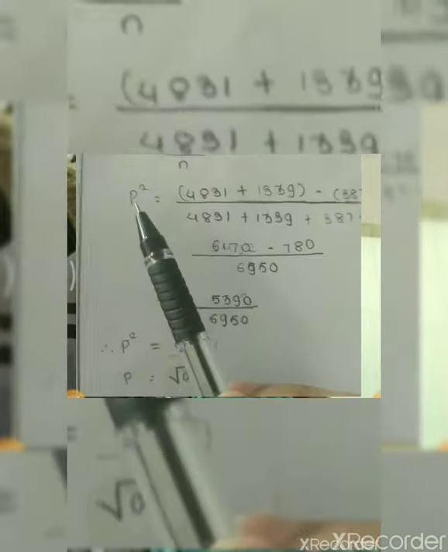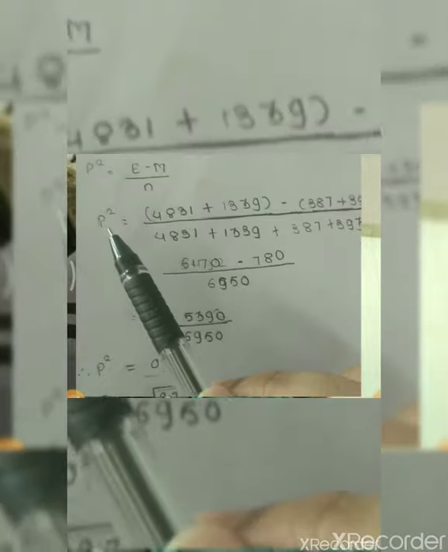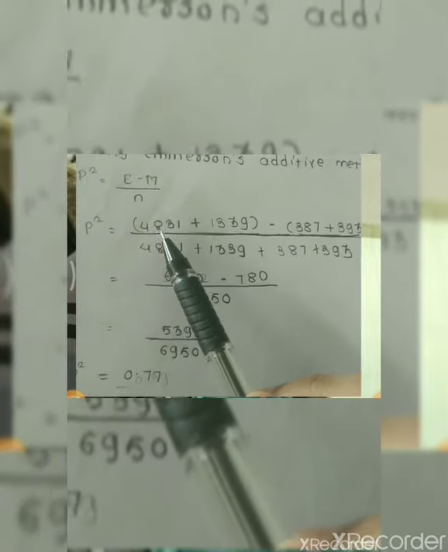So we put all these values into the given formula: p square is equal to 4831, this is the 4831 value, and the end value, this is 1339.